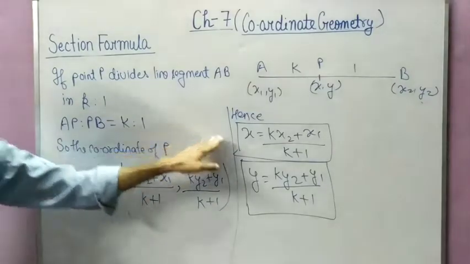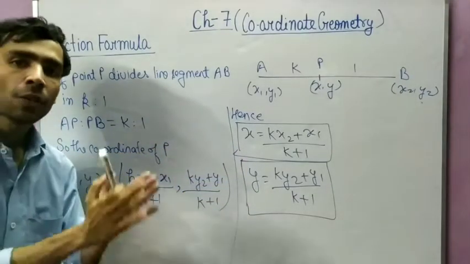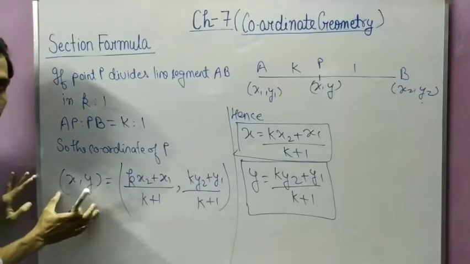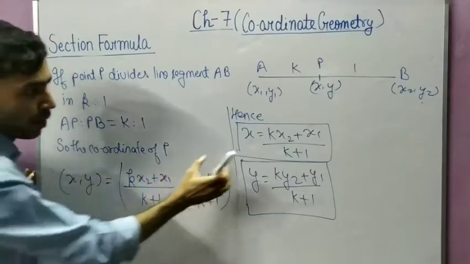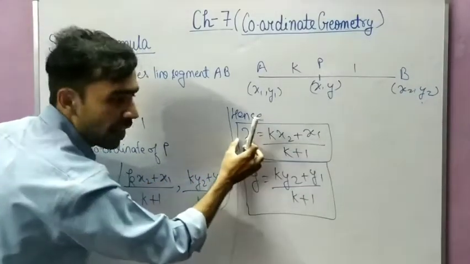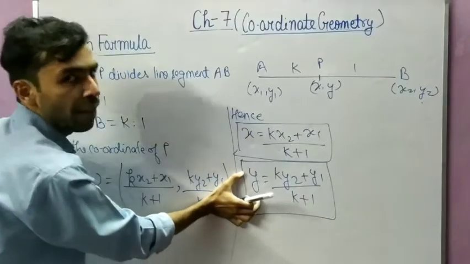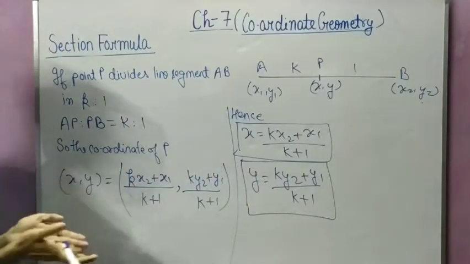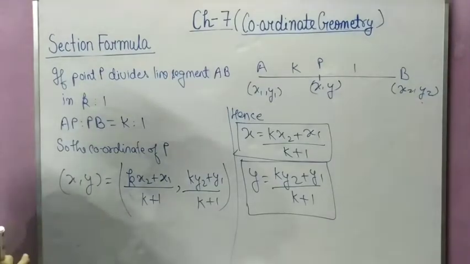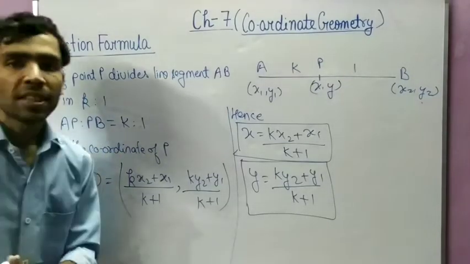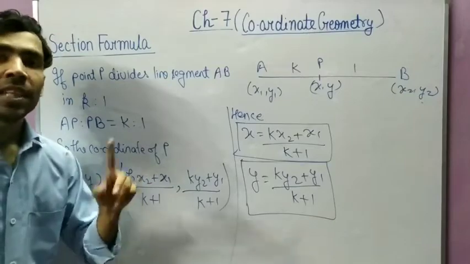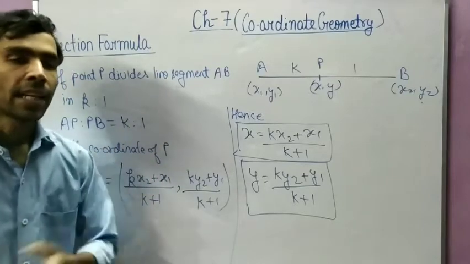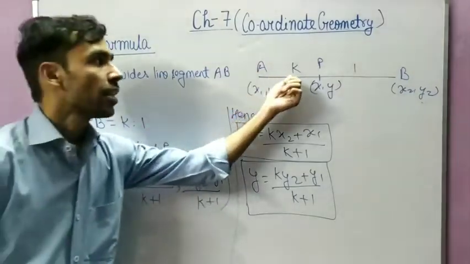It is for x and it is for y, and when you will write the coordinate, you will write like this: x comma y will be, by putting all the values you can find x, by putting all the values you can find y, and in the end whatever answer will come you can write as the coordinate. Okay, so there are basically two formula. One formula in case of m and n, and the second formula in case of k ratio 1.